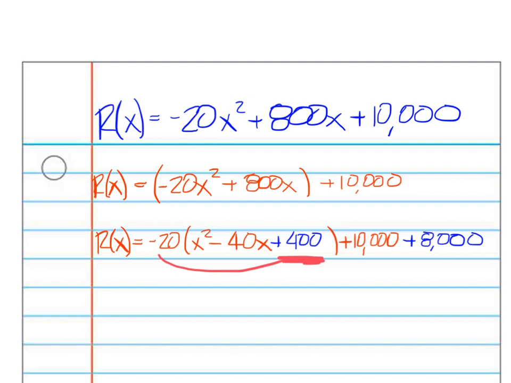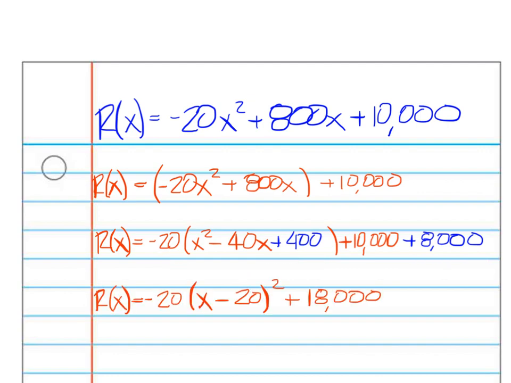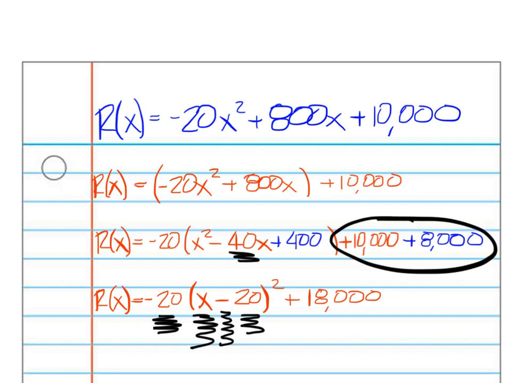That's why we have to add 8,000 out here on the right-hand side. Once we get to that point, we're going to have to simplify some stuff. So here's what we've done. We've used the variable, the sign from the middle, half of the middle term, squared that quantity. We left the negative 20 where it's at, and we've added this to come up with 18,000.